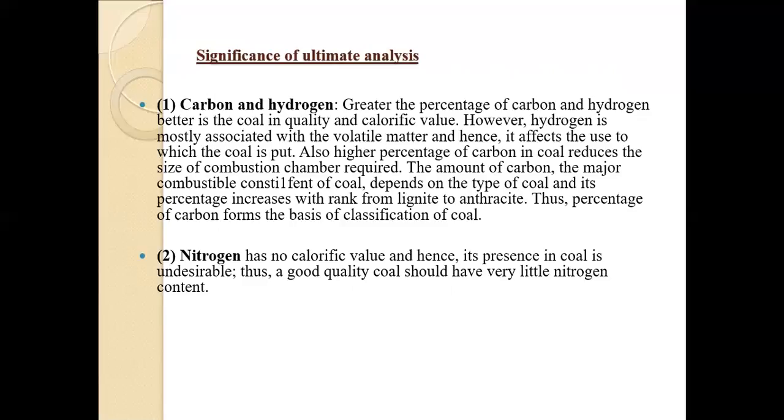Thus, the percentage of carbon forms a basis for the classification of the coal. The coal is classified into lignite, anthracite, and so on, based on the amount of carbon present in the coal.